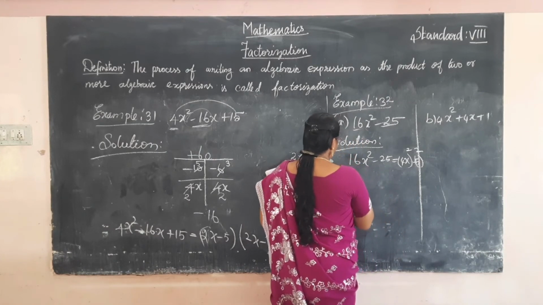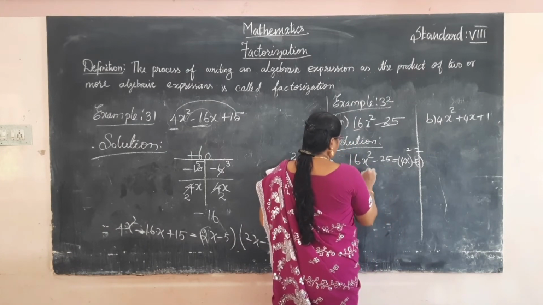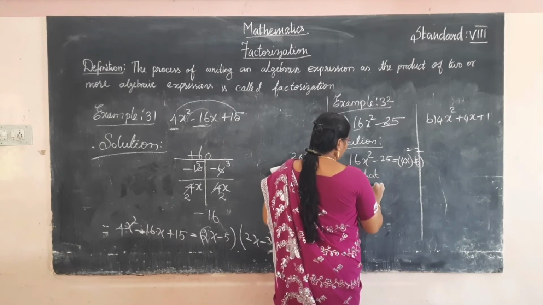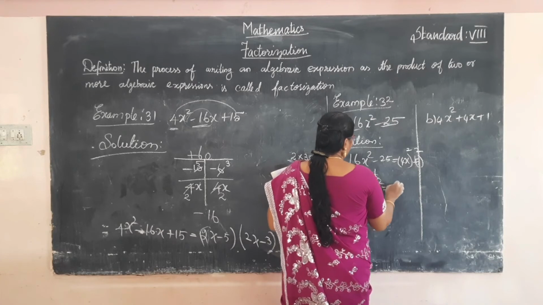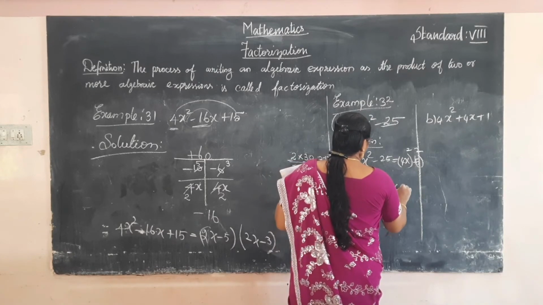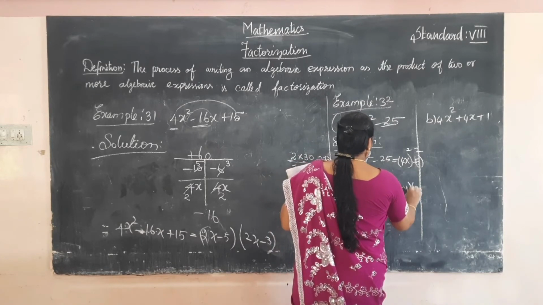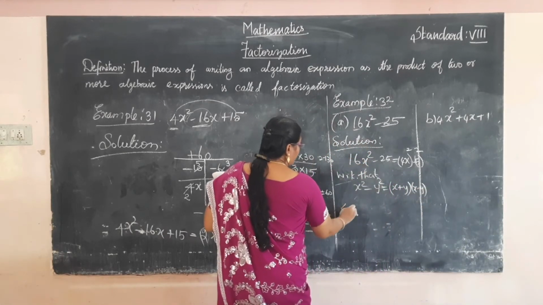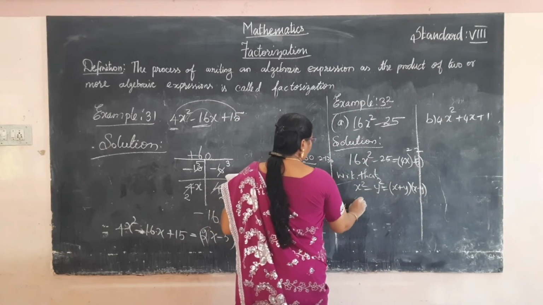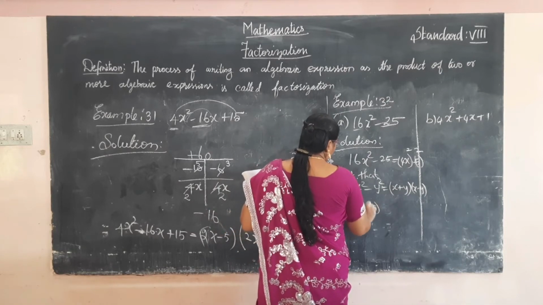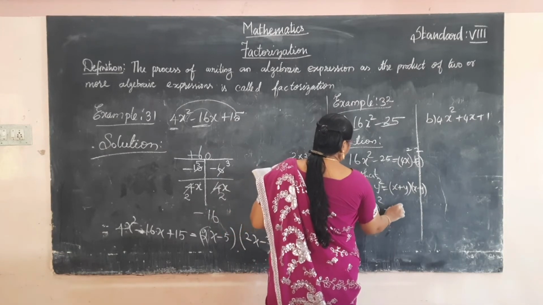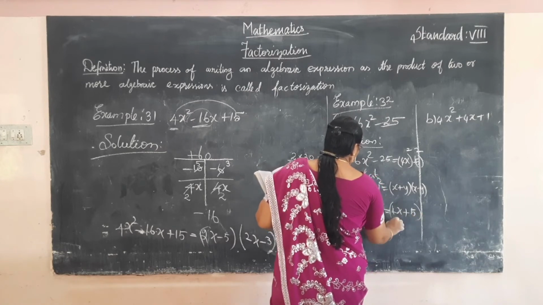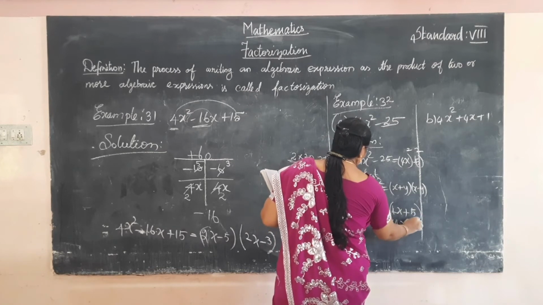We know that x squared minus y squared is equal to x plus y into x minus y. So applying it here, 4x the whole squared minus 5 the whole squared is equal to 4x plus 5 into 4x minus 5.